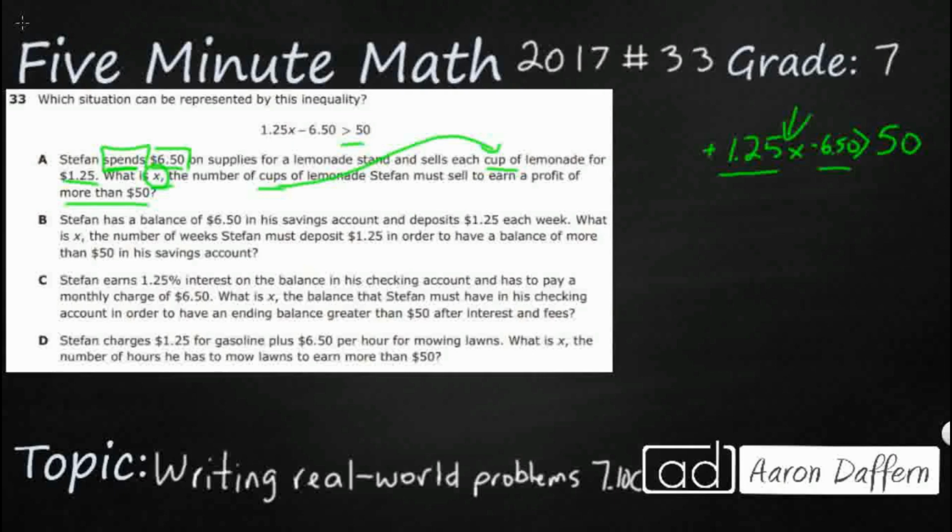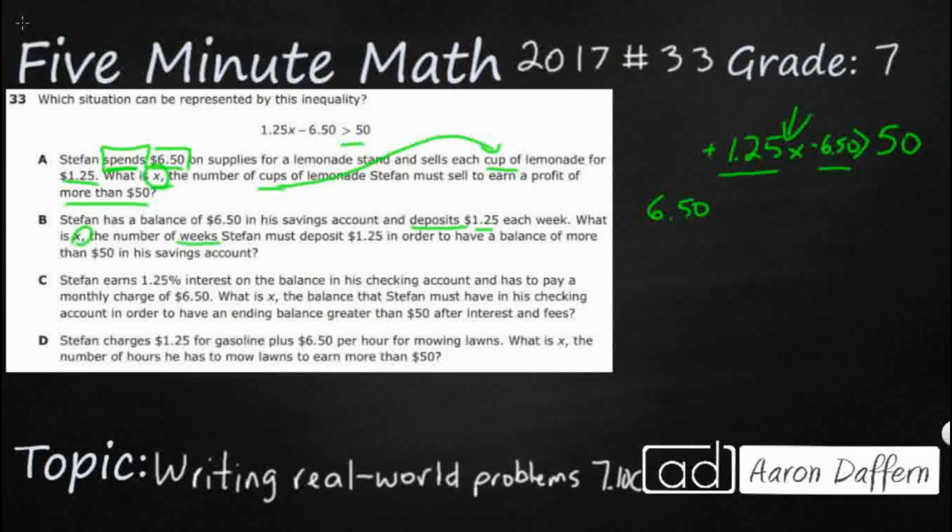Okay, so B: Stefan has a balance of $6.50 in his bank savings account. Okay, so there's your $6.50. So that $6.50 is just going to stand by its own, because then what we're doing is we're depositing $1.25 per week. And then x is the number of weeks.